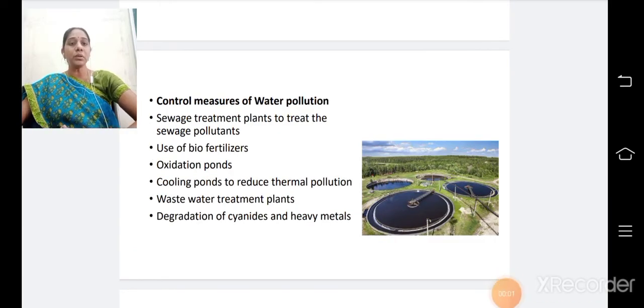So, control measures of water pollution. Here we can see different types of water pollution today. So what are the control measures of water pollution?